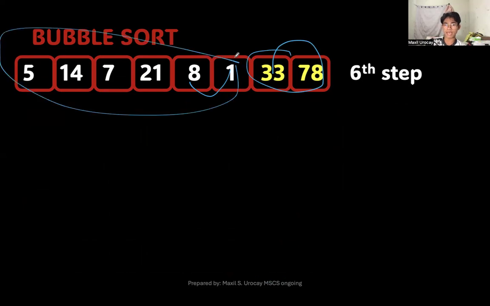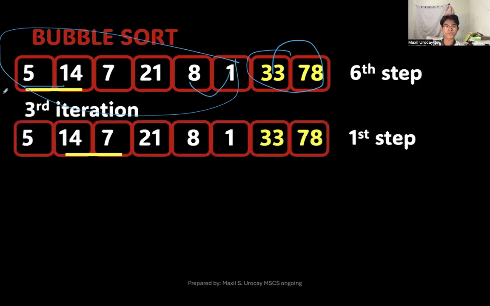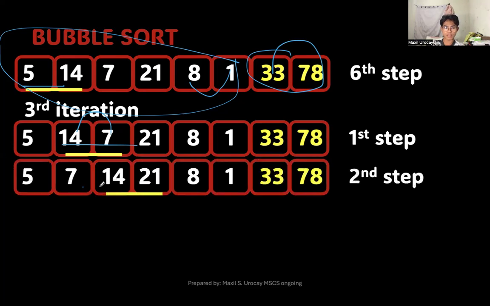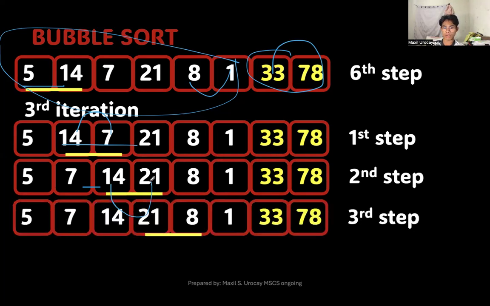We have 6 elements left in our array, and 6 minus 1 means 5 steps in this third iteration. First we compare 5 and 14. They are already in place, so there's no need to swap. Then 14 and 7, 14 is greater, so we swap the two. 14 and 21 are already in place, so no need to swap in the third step.